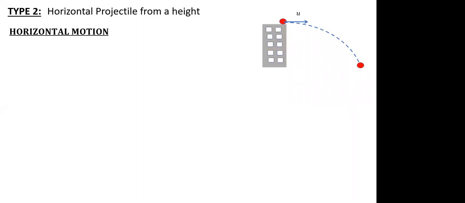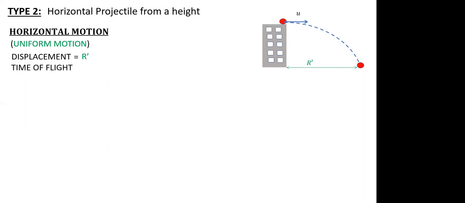Now, if I talk about the horizontal motion of this ball, there is no acceleration acting in the horizontal direction, so obviously it is uniform motion. Suppose the distance which it will cover, I label it as r dash. So the range for the horizontal projectile, I'm labeling as r dash. So displacement is r dash horizontally.